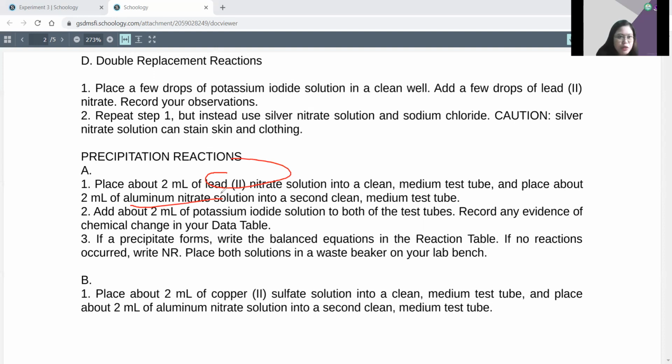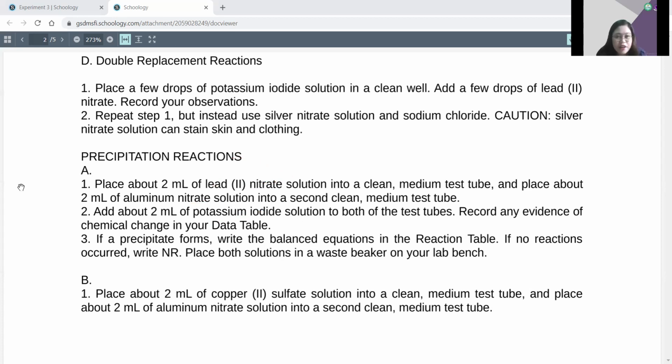Okay, so this will be done in a test tube. And then afterwards, we'll be adding 2 ml of potassium iodide, and you have to record your observation. Okay? So that is our experiment for precipitation reaction.